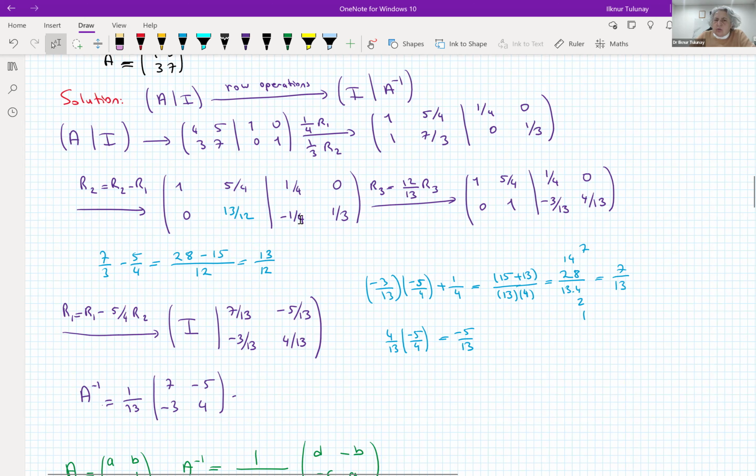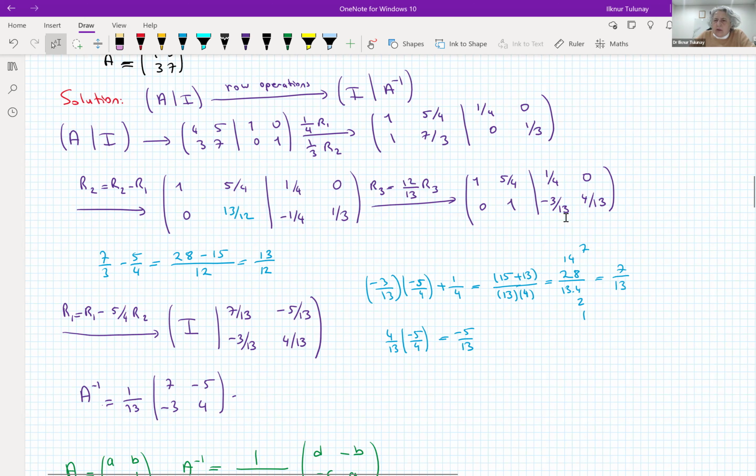And this position, minus times this, adding here, is minus 1 over 4. You have 0 here, no effect here. Now we want this position to be 1, so we need to multiply this row by 12 over 13. That will give us 1 here, and then we have 3 on the top because 4 and 12 will simplify.